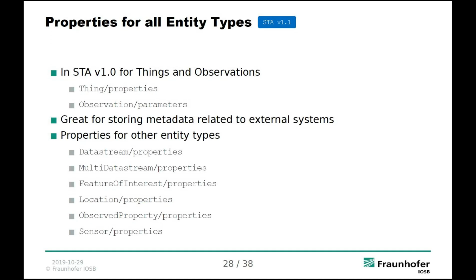Then the next point is we've seen before that the thing has a property which is called properties, where you can put in any JSON objects or any additional information that you want. And we propose to make this standard for all the entities because we experienced that it's very helpful in practice to store information related to other systems and external systems.